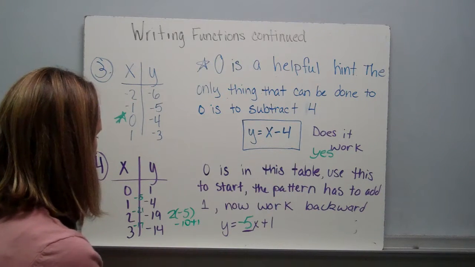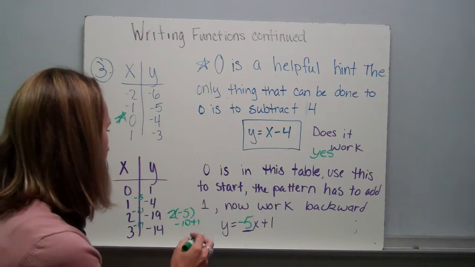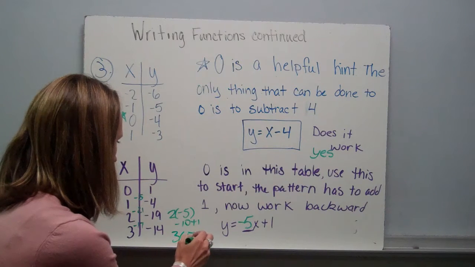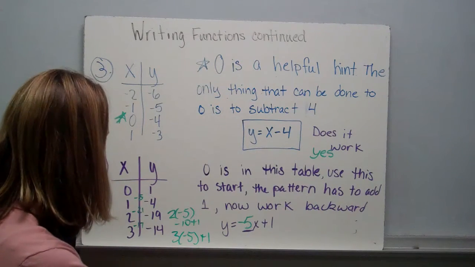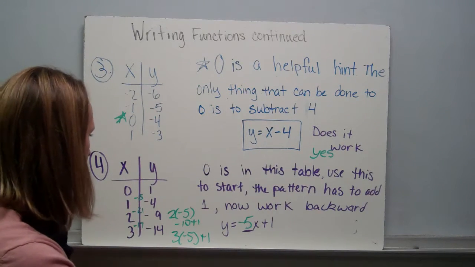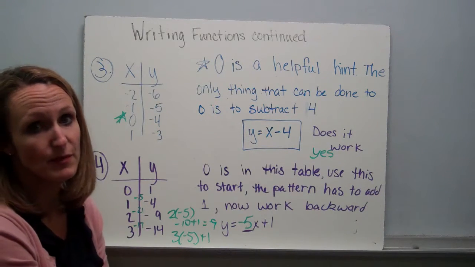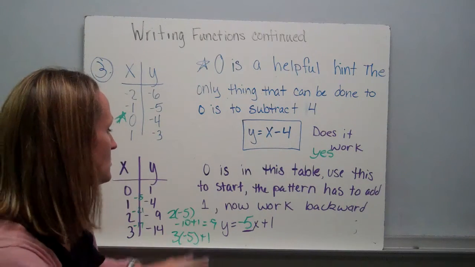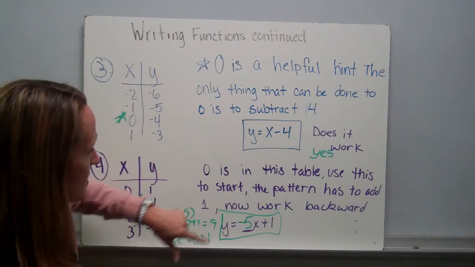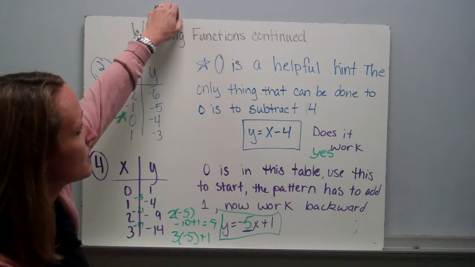Then I add 1. But that does not work. I wonder if I wrote these down wrong. And if I do 3 times negative 5 plus 1, that does work. Maybe this was just supposed to be a negative 9 and Miss Ernest wrote it wrong, because then it does work. Rewrite this as negative 9, because I think I copied down my slide wrong. So in this case, your rule would be this. Remember, I'm not always perfect when I write these. So you're looking for a rule that always works. This one was a little trickier.